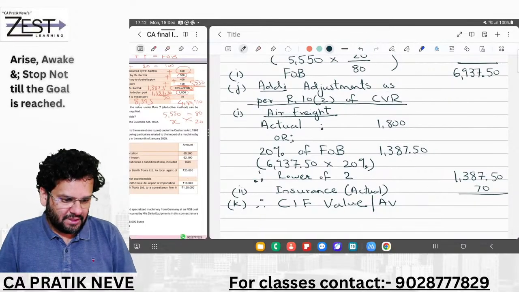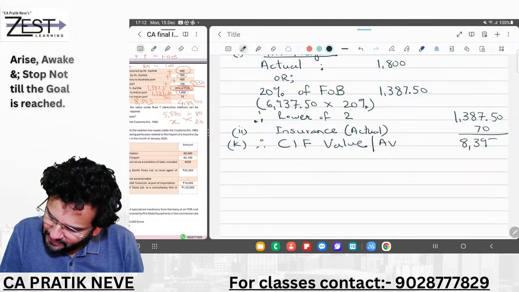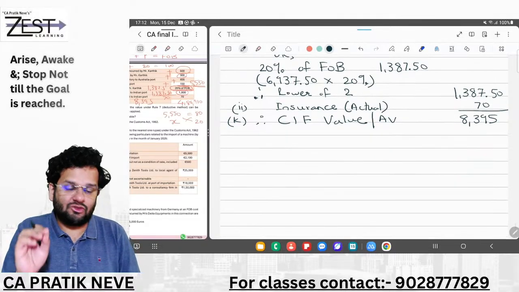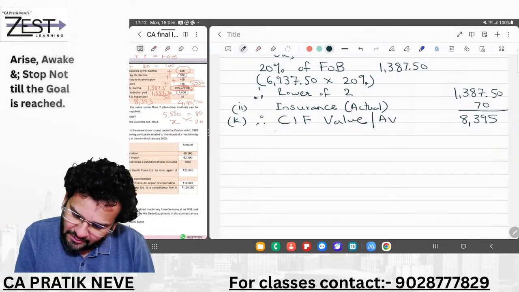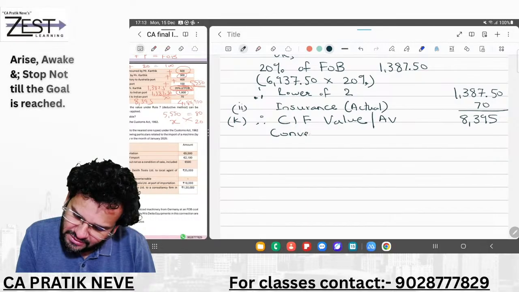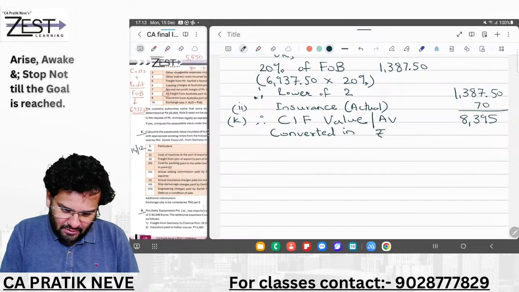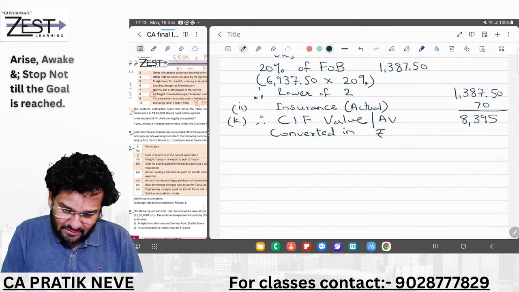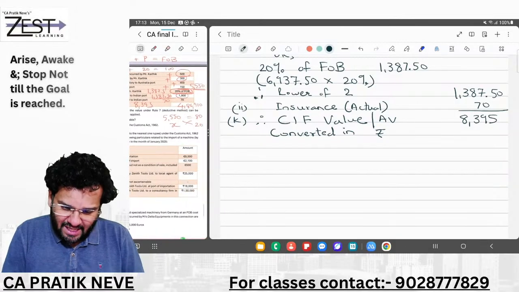So that must be 8,395. That is your CIF value or assessable value. Now calculate CIF value converted in rupees. 1 Australian dollar is 58.